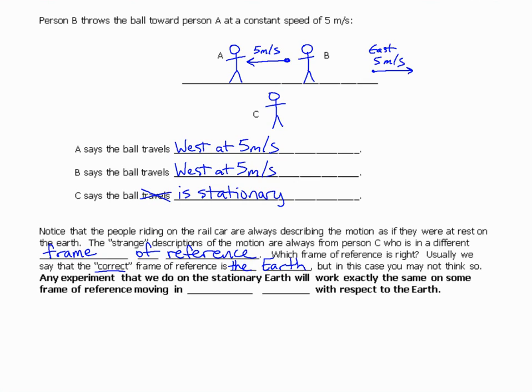Any experiment that we do on the stationary Earth will work exactly the same on some frame of reference moving in uniform motion with respect to the Earth. Quick example, when you're driving in your car, if you were to drop your sunglasses, they are in your same frame of reference, so they would appear to be falling straight down.